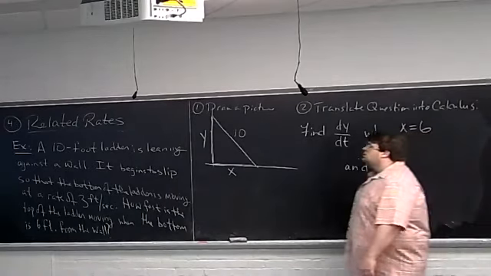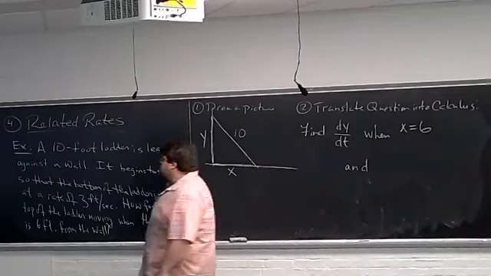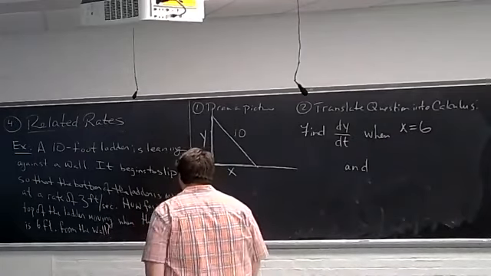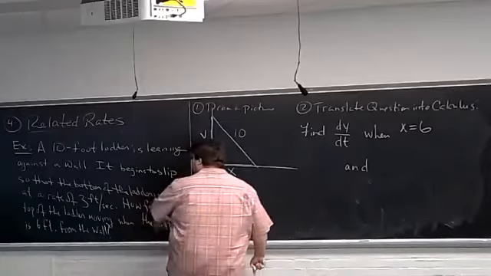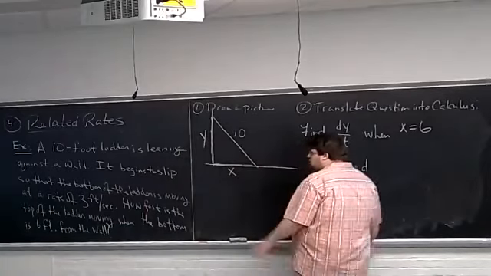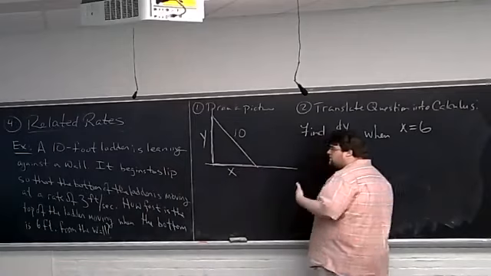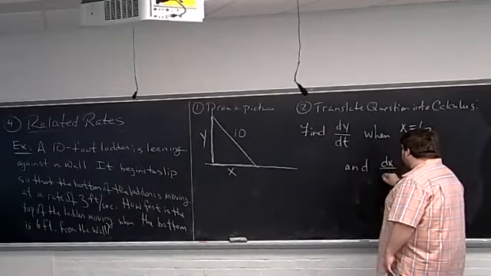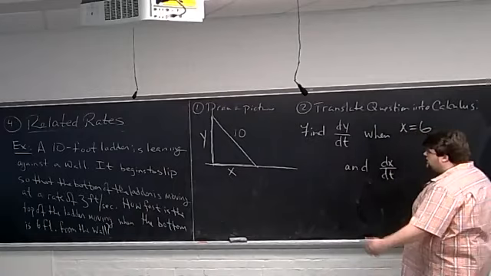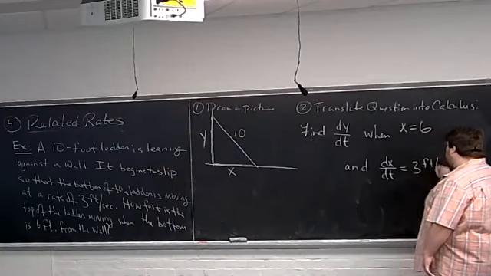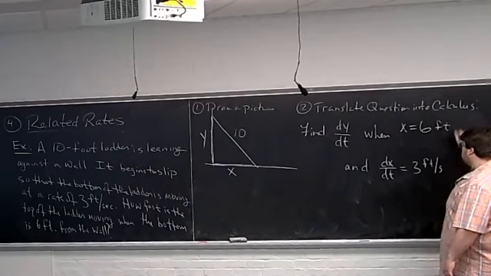What else is given? Well, a 10-foot ladder, that's already incorporated. What else is given? The bottom of the ladder is moving at a rate of 3 feet per second. So the bottom is changing at a rate of 3 feet per second. So the rate of change of the bottom at all instants is 3. I'm just going to throw units on these.